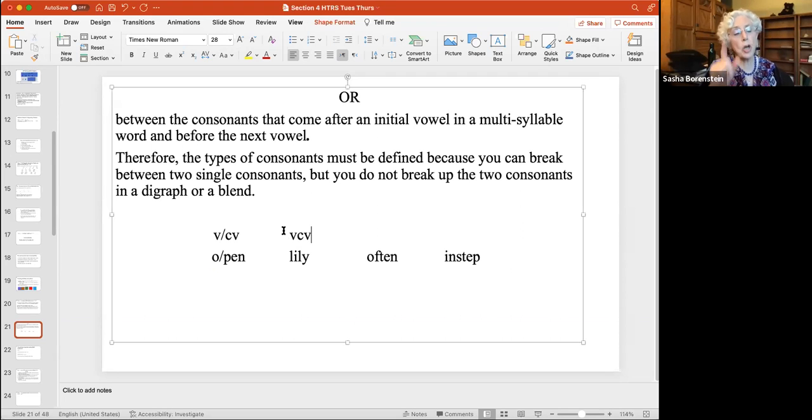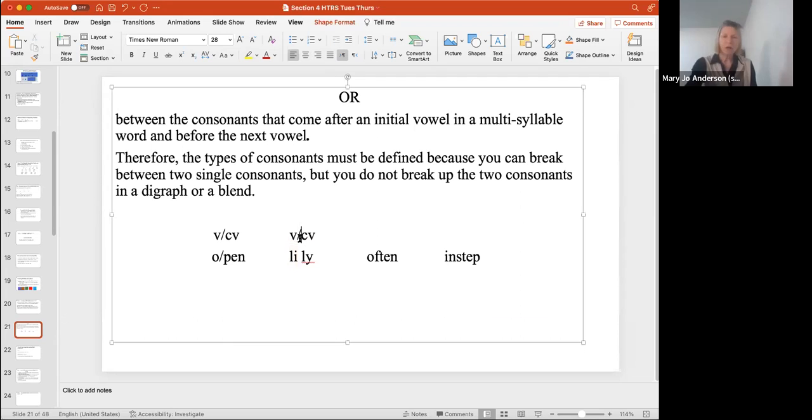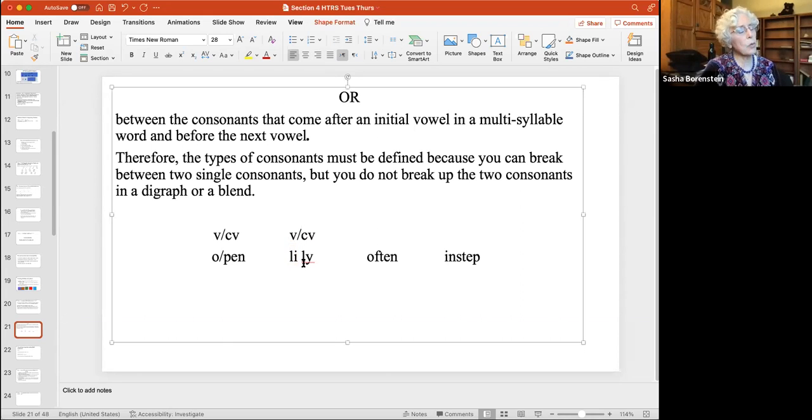Okay, and I start at the first vowel. I don't start at the first consonant, okay? So now, if we have this VCV pattern, we know that it could be open or closed. If I break it here, would this syllable be open or closed? It would be open and it would say Lily. Okay, is that a word you know, Lily?